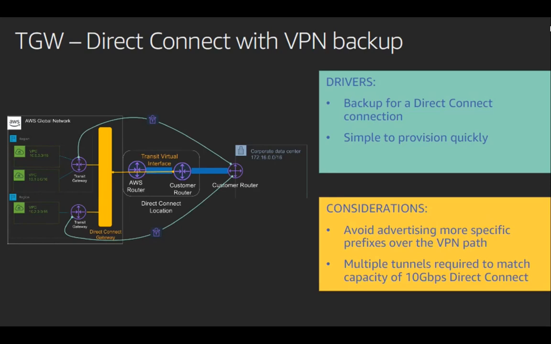Some of the considerations we have to keep in mind: we have to avoid advertising more specific prefixes over the VPN path, because otherwise we may cause conflict. Let's say your corporate data center is 172.16.0.0/16, and we are adding two routes: 172.16 routing via the transit virtual interface or Direct Connect gateway, and 172.16 routing via the virtual private gateway or transit gateway.